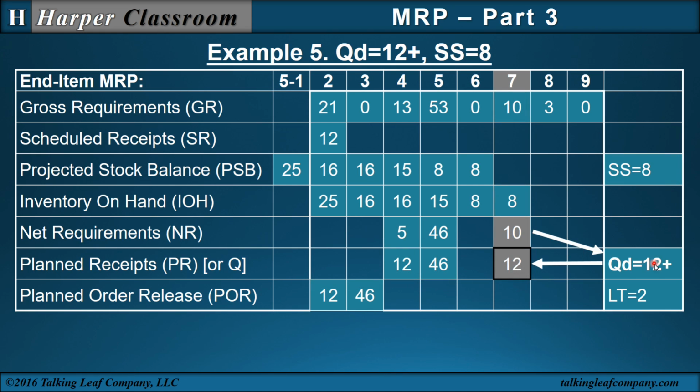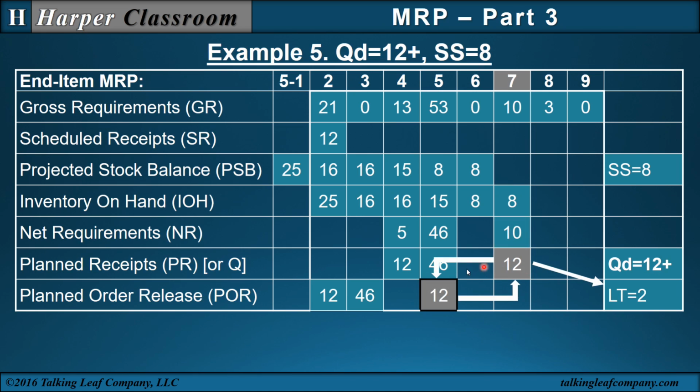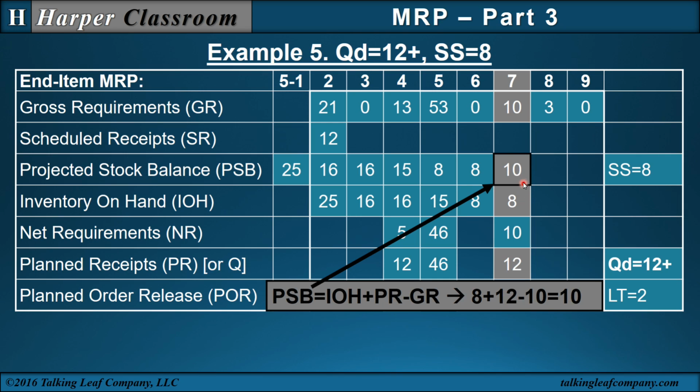We compare 10 with our minimum lot size of 12, so we order 12. Lead time of 2, we come back 2 and have a planned order release of 12, which would generate a planned receipt of 12. And so our projected stock balance then will be our inventory on hand plus our receipts minus our requirements equals our projected stock balance of 10.